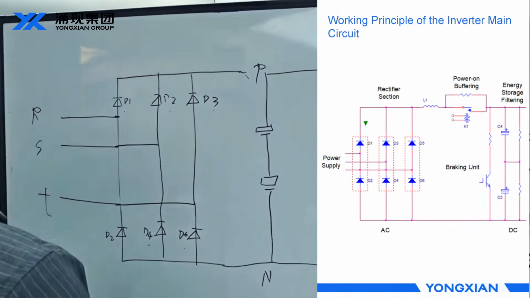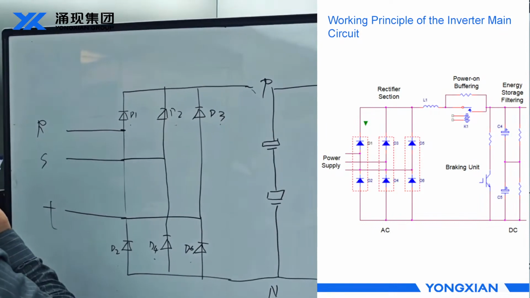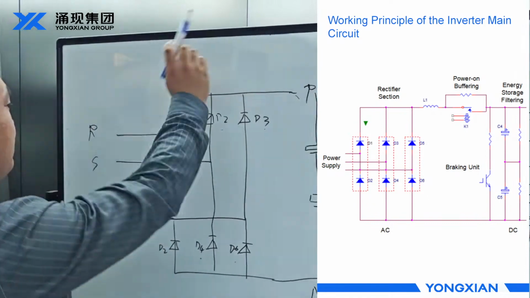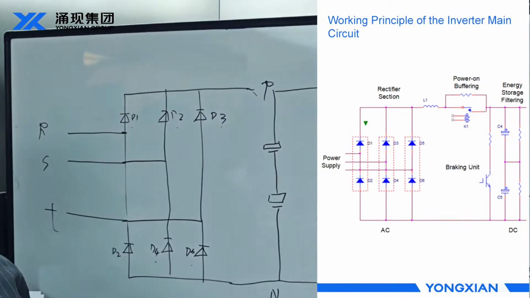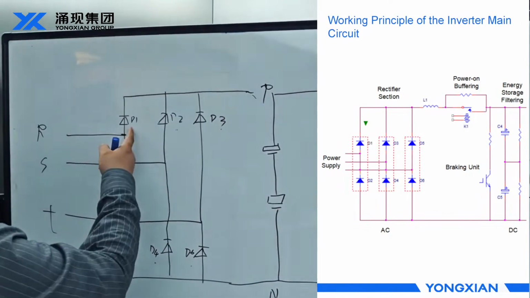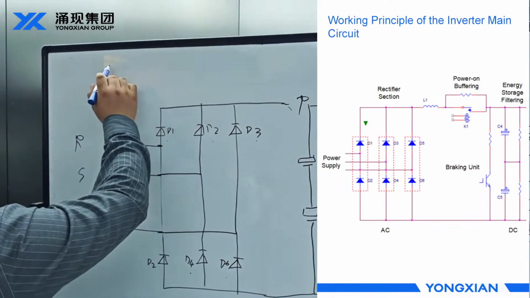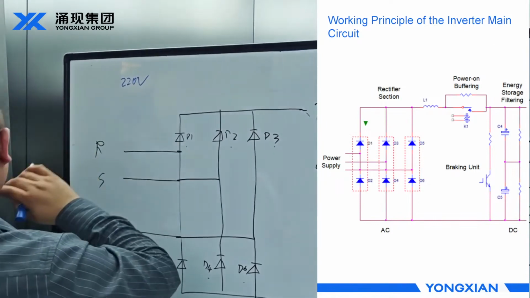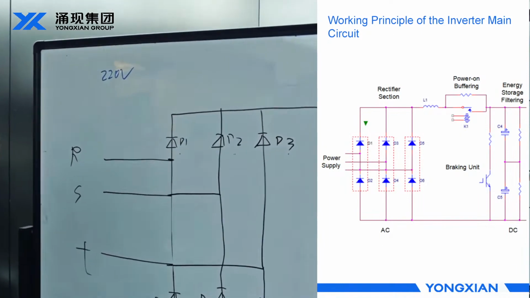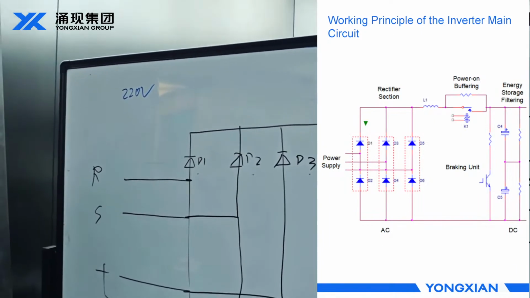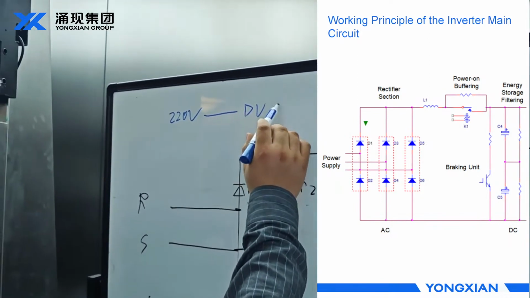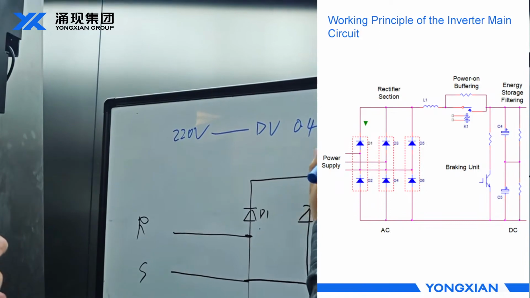At this part, we can distinguish a full wave circuit and a half wave circuit. Our half wave circuit usually has just one diode, such as with single-phase 220 volts.